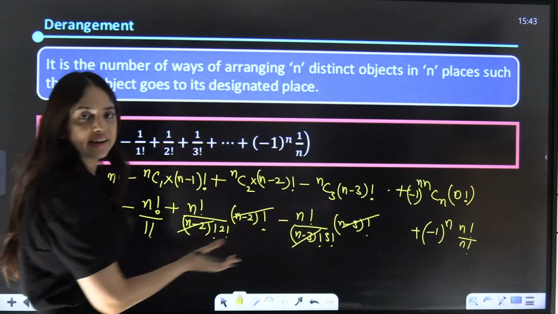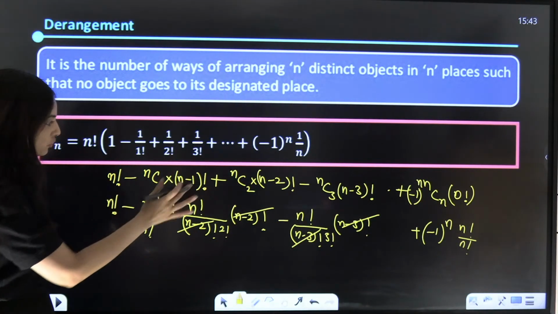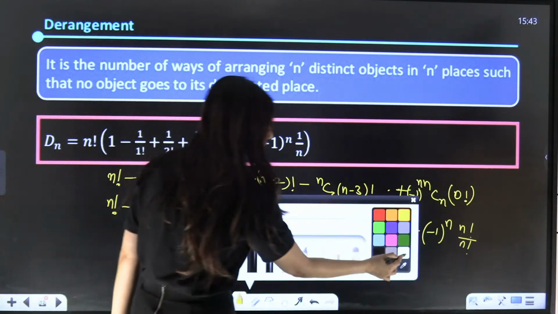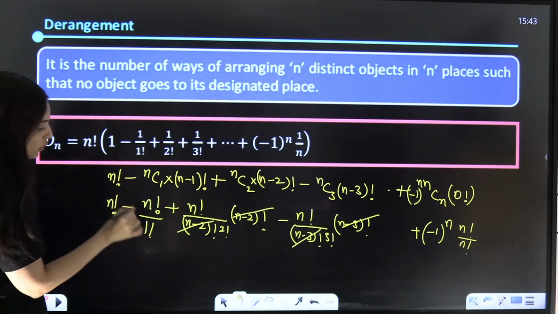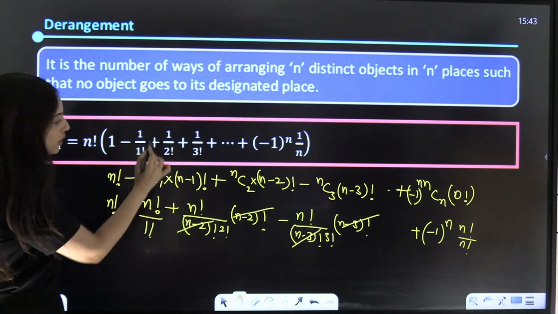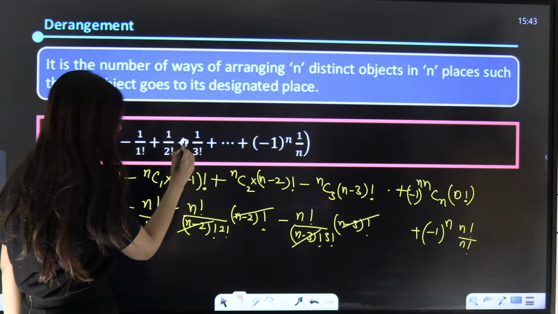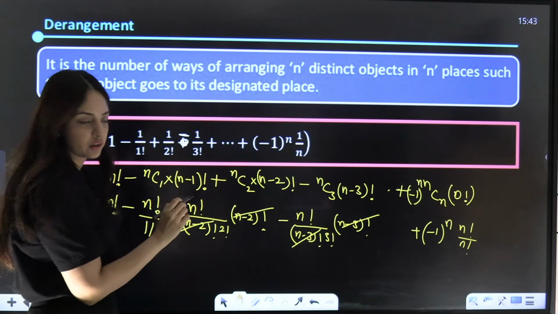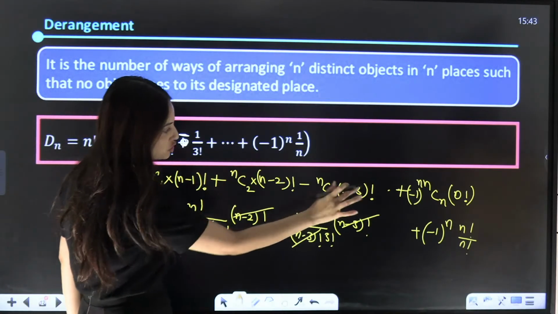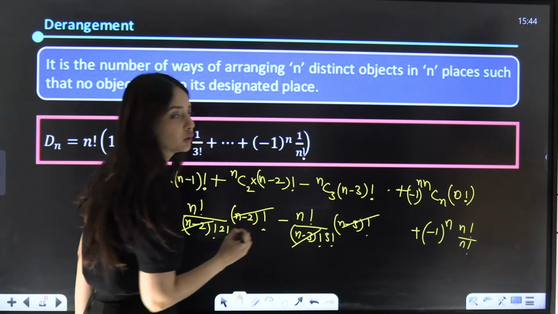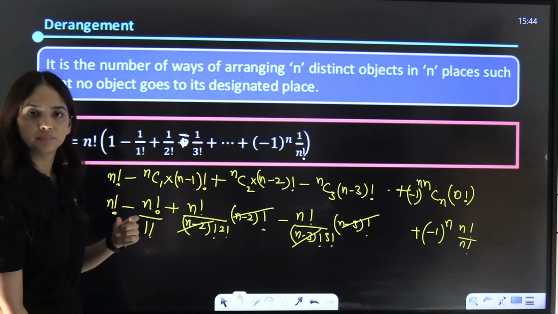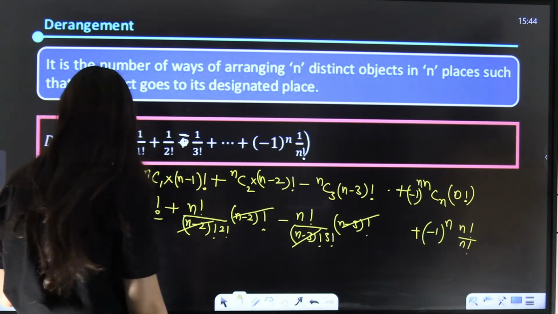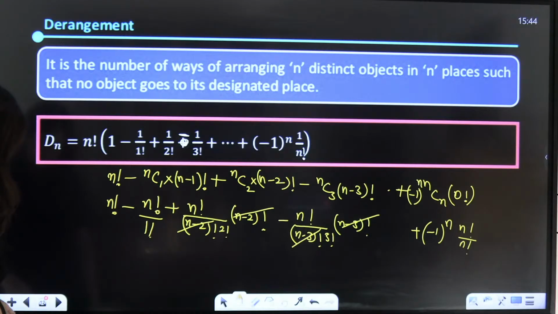So if we take n factorial common out of all of these, then we have this formula: n factorial into 1 minus 1 by 1 factorial plus 1 by 2 factorial minus 1 by 3 factorial up to minus 1 raised to power n, 1 by n factorial. So like that we have our formula. So that means we write this as dn.